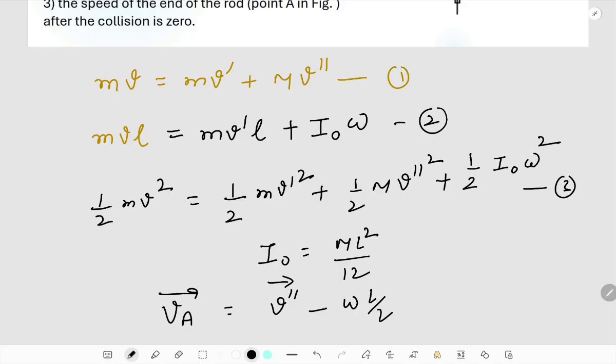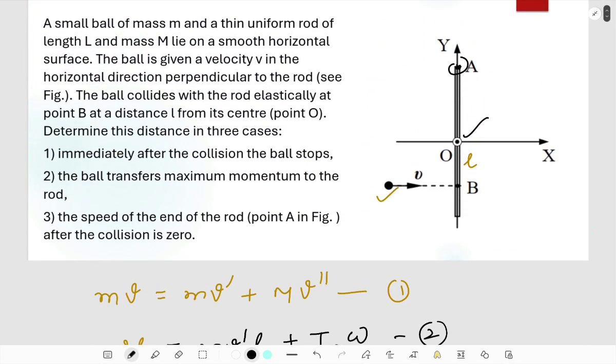You can see the picture here. Why am I writing like this? Omega is this, so this is the velocity of the center of the rod after the collision, and with respect to it the velocity is omega L by 2.